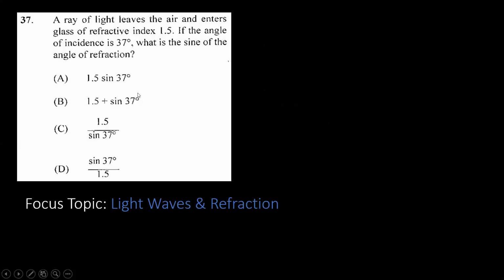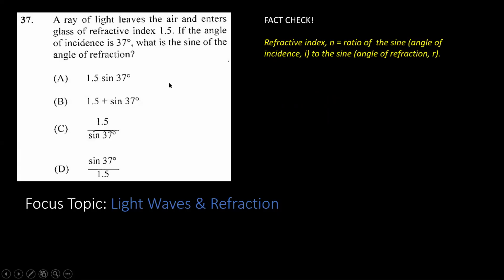Number 37, a ray of light leaves the air and enters glass of refractive index 1.5. If the angle of incidence is 37 degrees, what is the sine of the angle of refraction? We know that refractive index is a ratio of the sine of the angle of incidence to the sine of the angle of refraction.